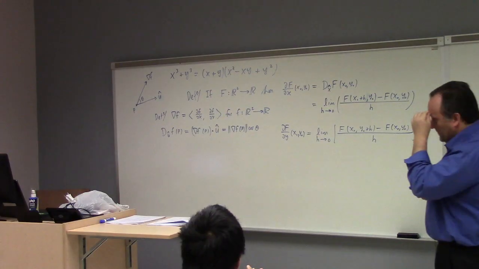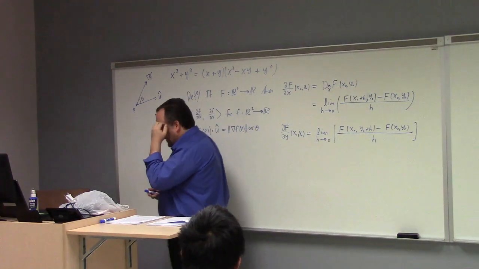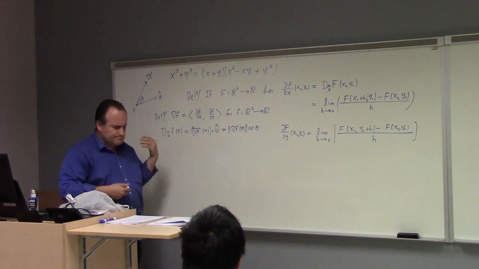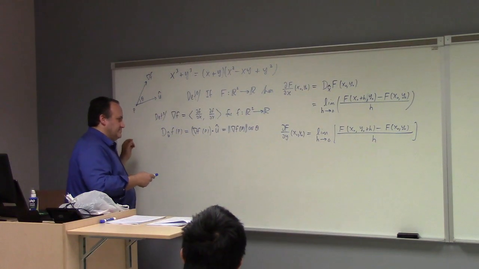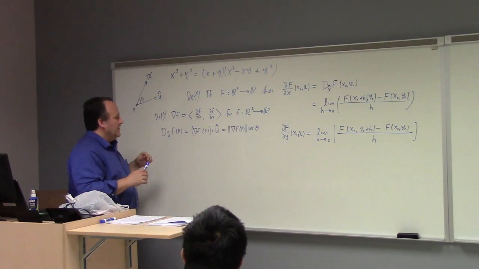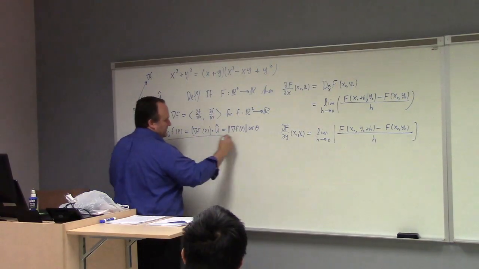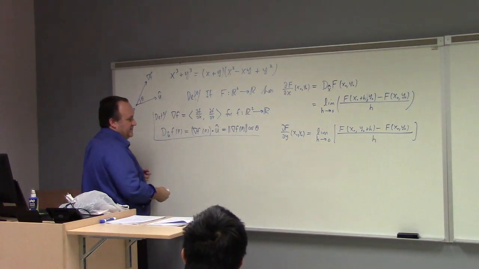If we studied this further, we'd come to an understanding of the graph z equals f of x y, but let me not get into that. That's enough. So this is just a quick review of the things we've talked about.